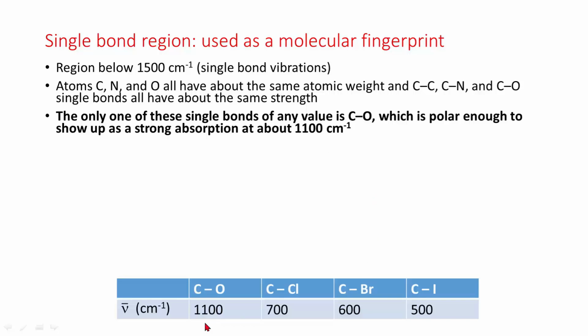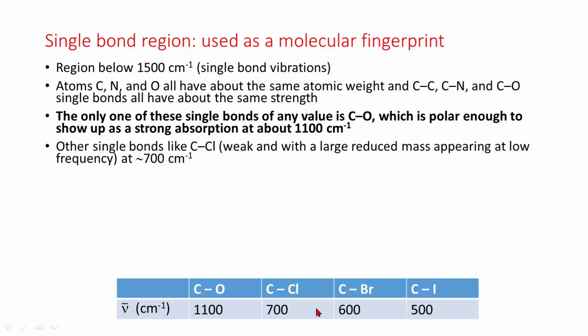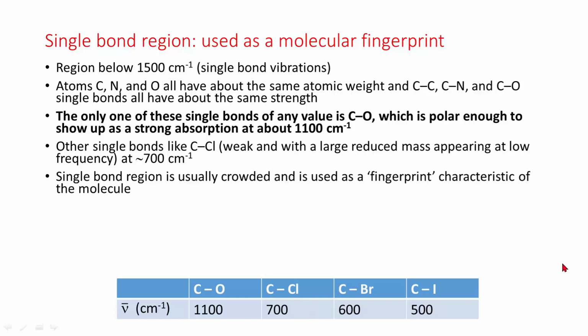CO shows absorption at 1100 cm⁻¹. Other single bonds like C-Cl show absorption at about 700 cm⁻¹. Single bond region is usually crowded and is used as a fingerprint, which is the characteristic of a molecule.